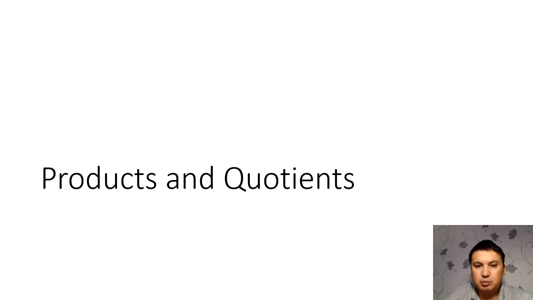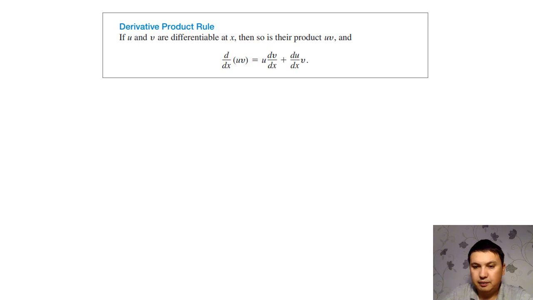So now let's discuss product and quotient rules. Here's the product rule. It says the derivative of a product of two functions, u times v, is u times the derivative of v plus the derivative of u times v.